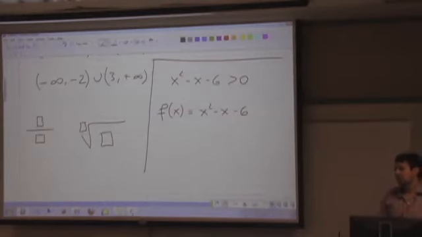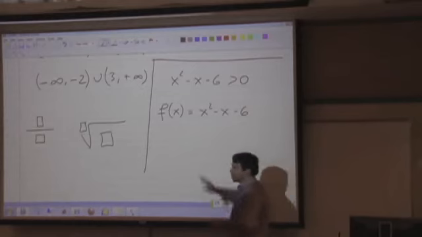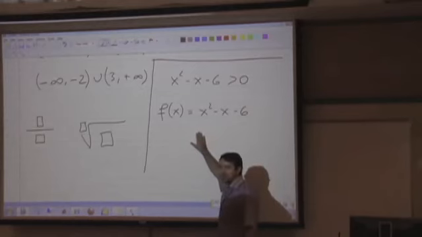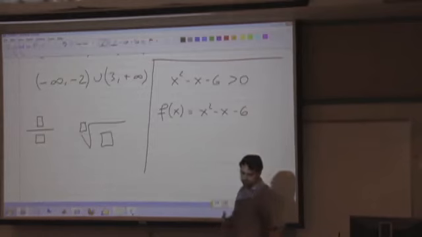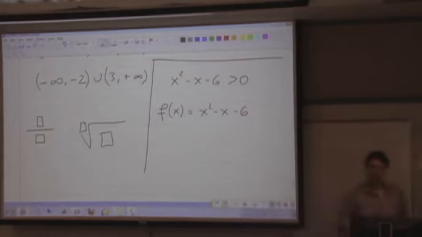Can you sketch the graph? There's two things you should think about. First of all, this is a quadratic, right? It'll either look like a U or it'll look like an N, right? Does that make sense? That's what you're used to seeing in quadratics.